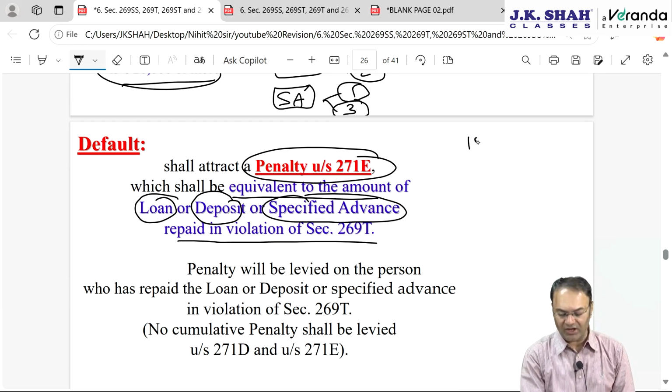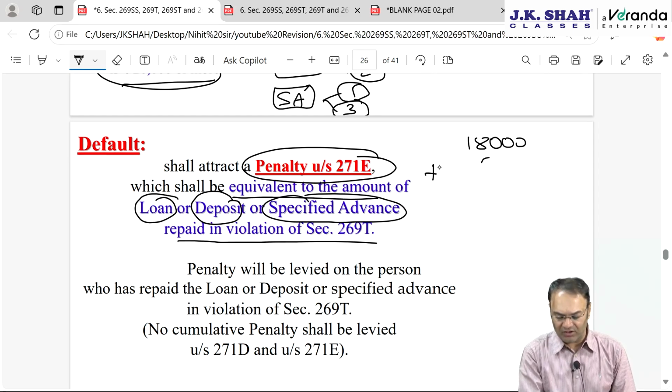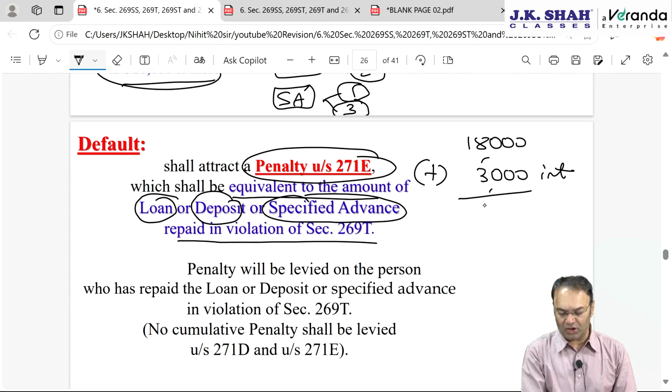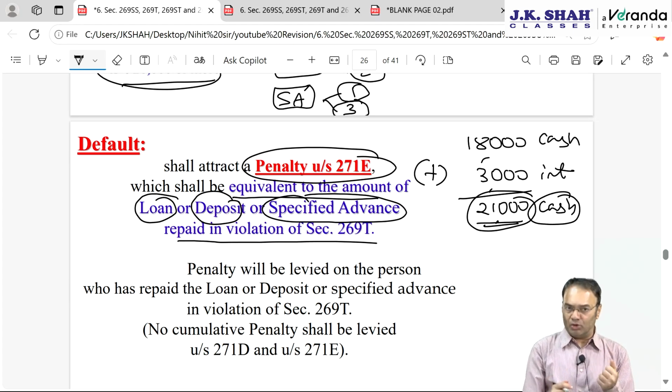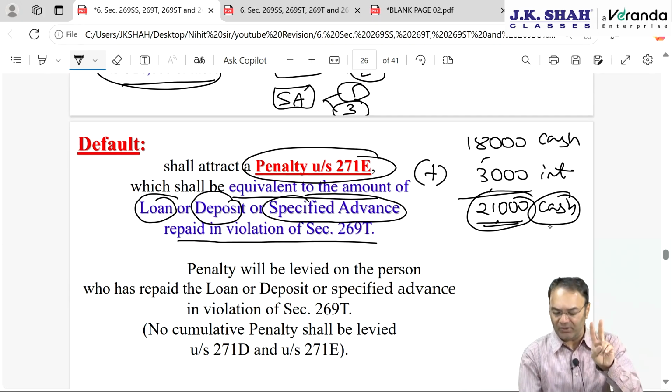So understand, if I took 18,000 from you as a loan, while taking I could take it by cash or any mode. By what mode I took it is immaterial because the amount is less than 20,000. However, this is the principal amount, and interest is 3,000. Total became 21,000, and now I am repaying to you in cash. If I am caught, penalty will be levied, because both conditions are satisfied: the amount-related condition, because amount repaid is 20,000 or more, and the mode-of-repayment condition, because I am repaying in cash.